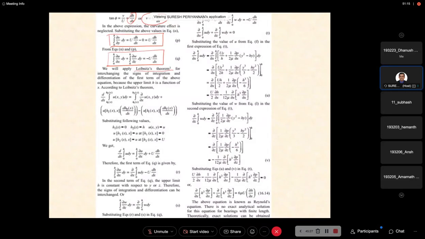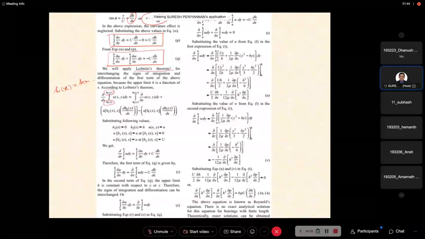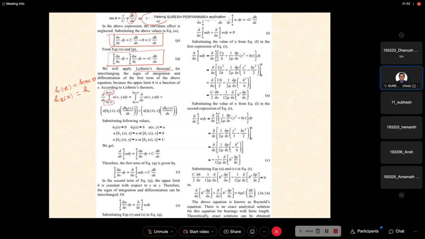In this Leibniz theorem, see here, there are two parameters involved, x and y, in the velocity u. The Leibniz theorem says that d by dx of the integral with lower limit h1 of x and higher limit h2 of x, where h1 of x is equal to 0, I mean y is equal to 0, and h2 of x is nothing but h.